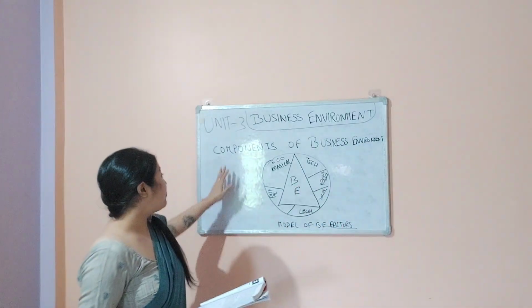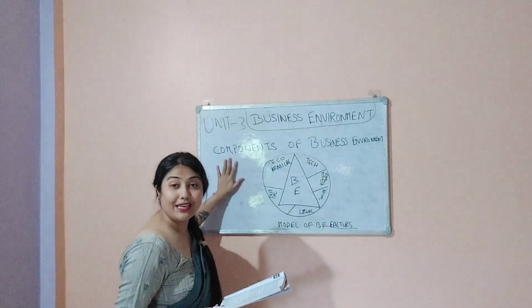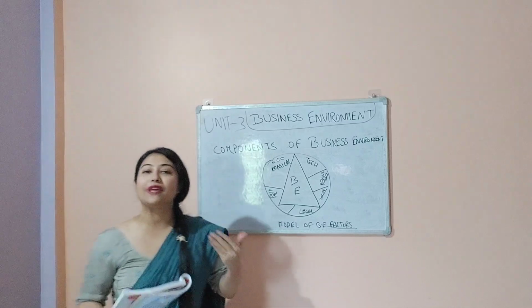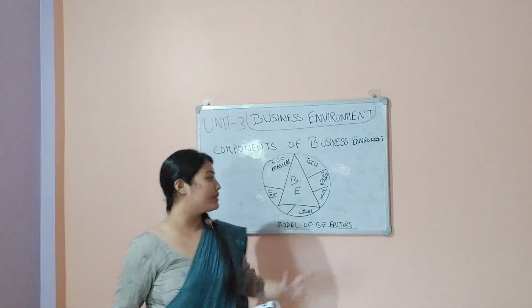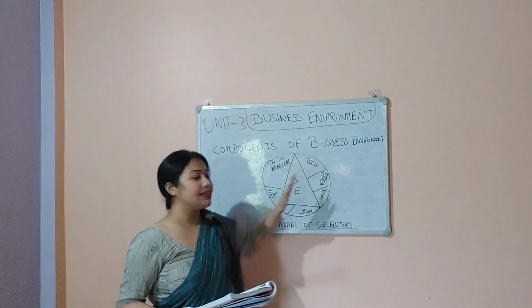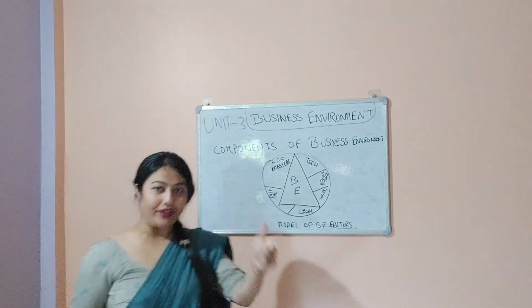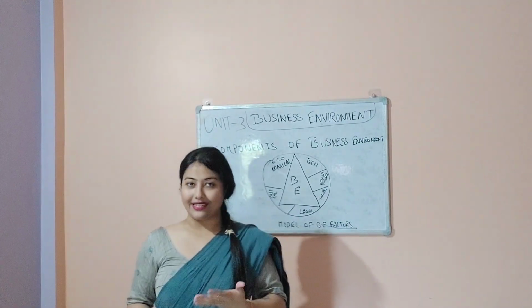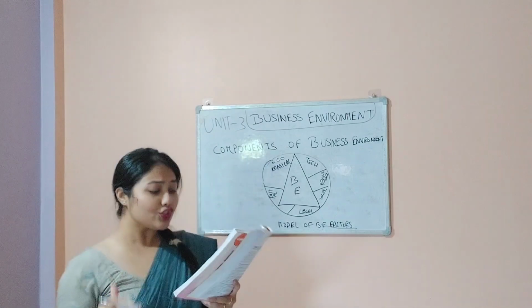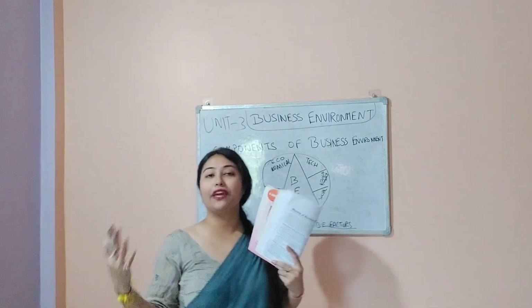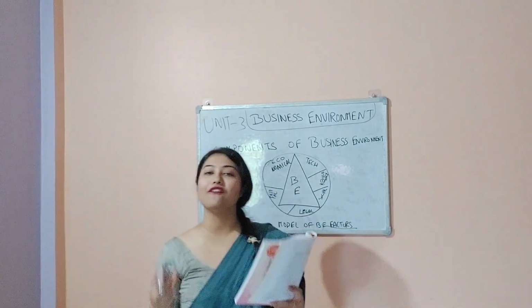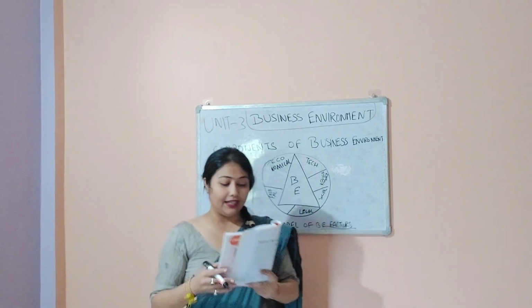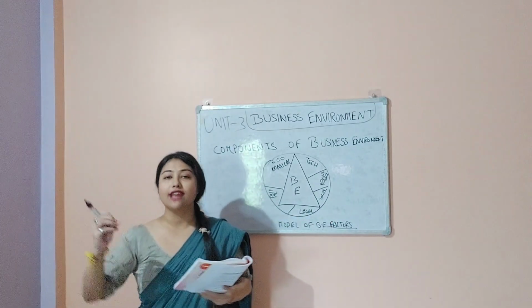Apart from that, please always give examples. Every time I explain, I say give examples while you are writing down the points, as that will give weightage to your writing. Even if you cannot explain in detail what the economic environment is, give an example only.